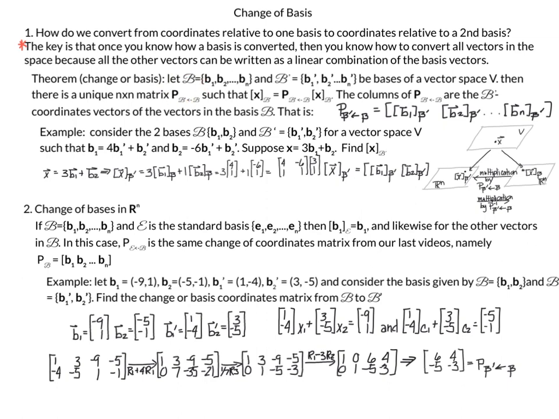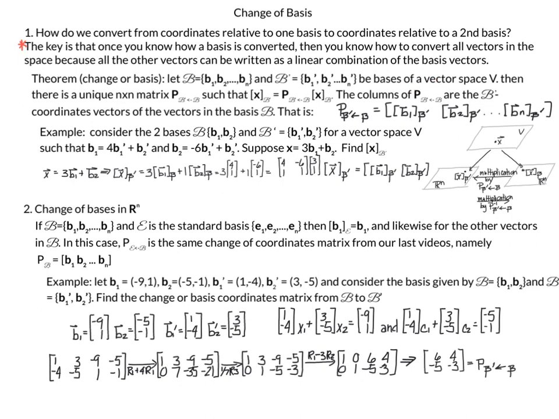And what do we do with this matrix? Well, if we want to know the vector x with coordinates relative to B prime, then we can multiply the x vector with coordinates from B times this matrix P from B to B prime.